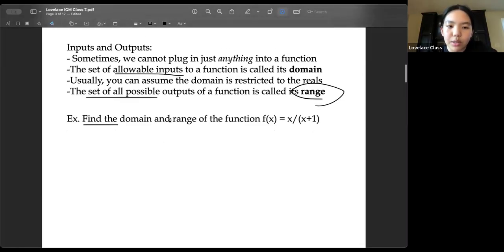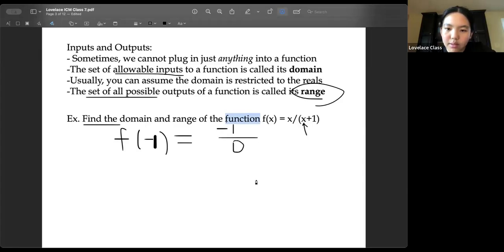So if we're trying to find the domain and range of the function f of x equals x over x plus 1, we can see that we can plug in any x in here except for -1. Because if we plug in x equals -1, that makes the denominator 0, right? So f of -1 is going to be -1 over 0, and that's not allowed.